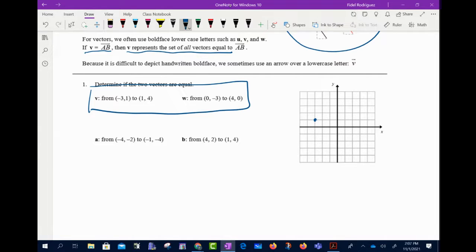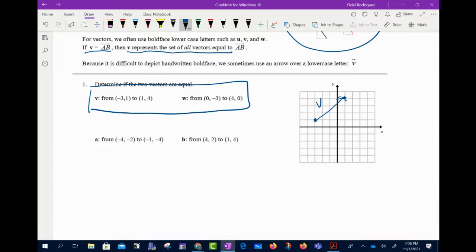And then (1, 4) is going to be 1 to the right and 1, 2, 3, 4 up. So this is the vector v. All I did is plot those two points, and I'm going from (-3, 1) to (1, 4), so you can see that's why my arrow is pointing upward, right?